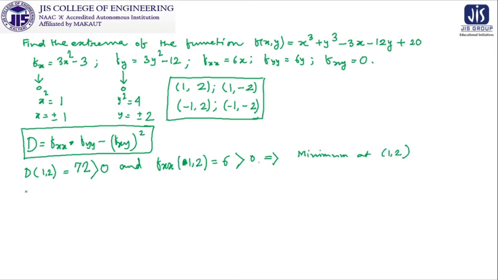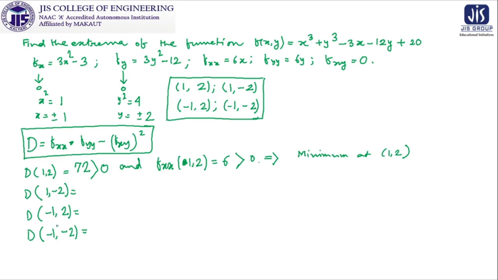In a similar manner, we have to find D of (1, -2), D of (-1, 2), and D of (-1, -2). It is just this stereotype manner where you have to calculate.